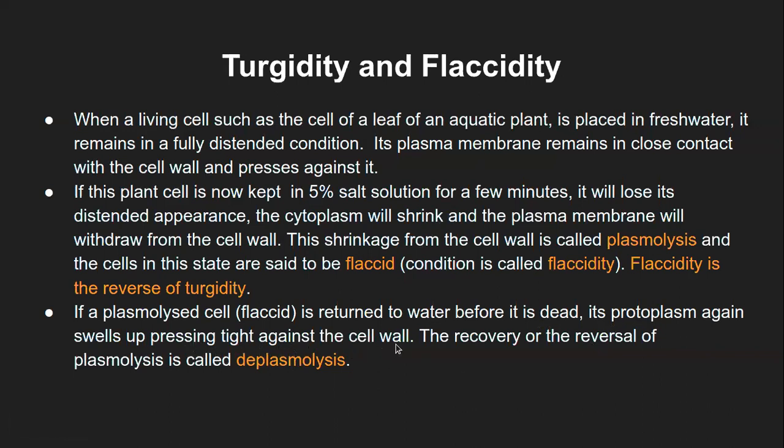So the plasma membrane will again push, get more water, and push itself onto the cell wall, and that will be the recovery or reversal of plasmolysis, which is deplasmolysis, which is nothing but regaining turgidity. So plasmolysis is flaccidity. Deplasmolysis is the breaking of that plasmolysis, that is regaining turgidity.